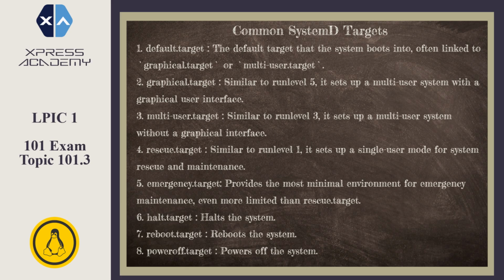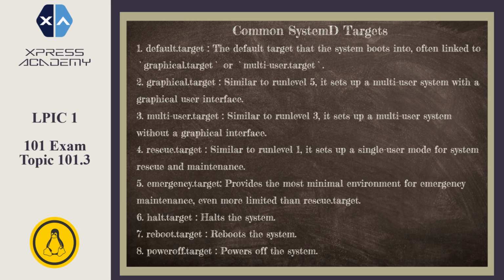Let's take a look at some of the most commonly used SystemD targets and how they relate to the old run levels. Default target: the target your system boots into by default, usually linked to either graphical target or multi-user target without a GUI. Graphical target: just like run level 5, this sets up a system with a graphical interface.